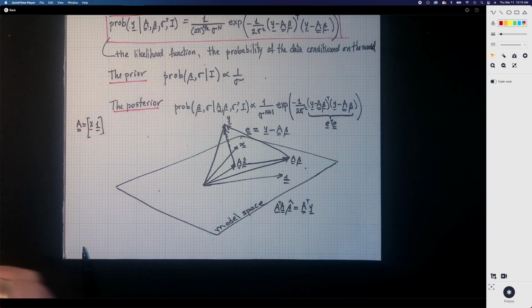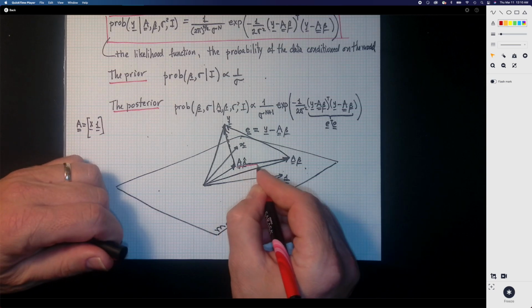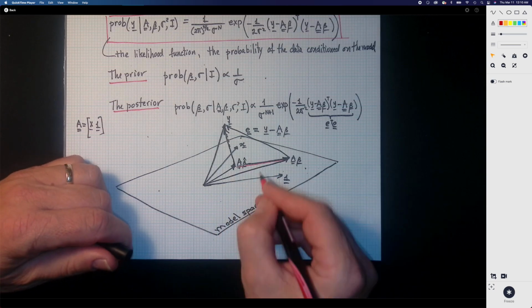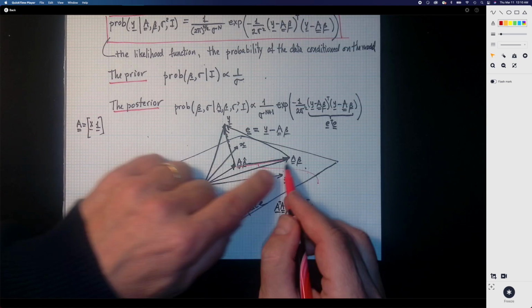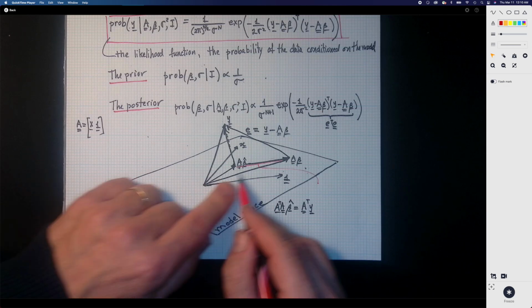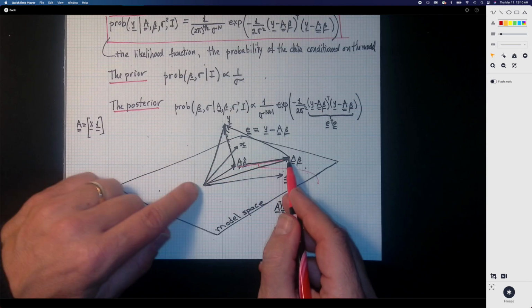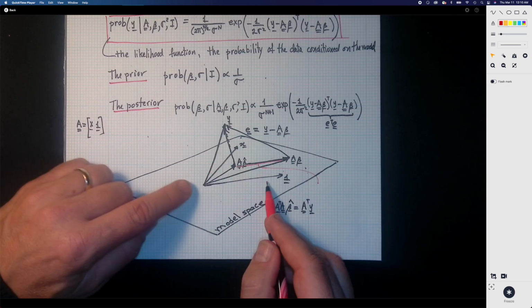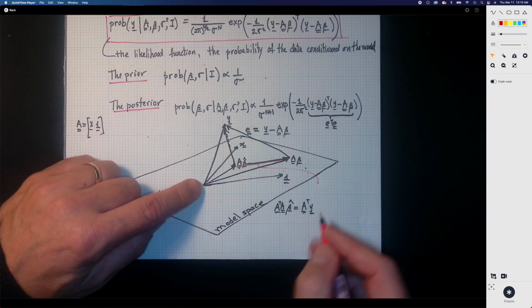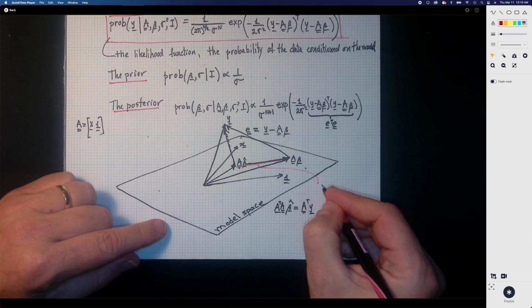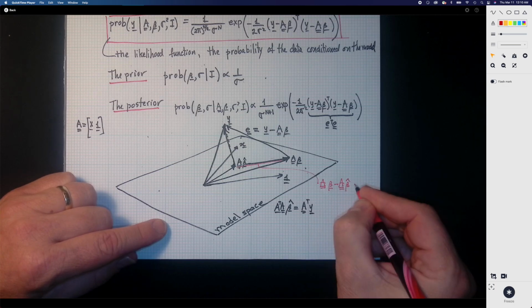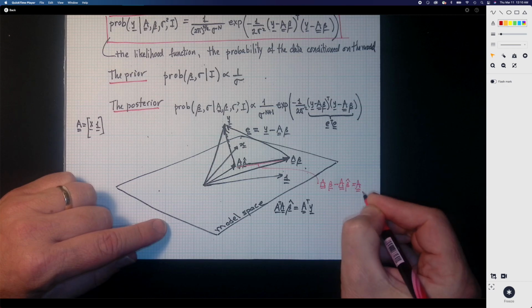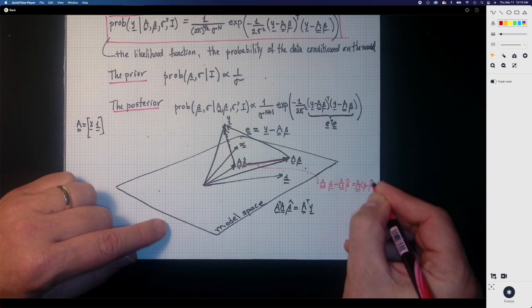It's the same thing as this minus this one. If I go to A beta and then subtract A beta hat, I'll end up over here. So this is A beta minus A beta hat, which is A times beta minus beta hat.